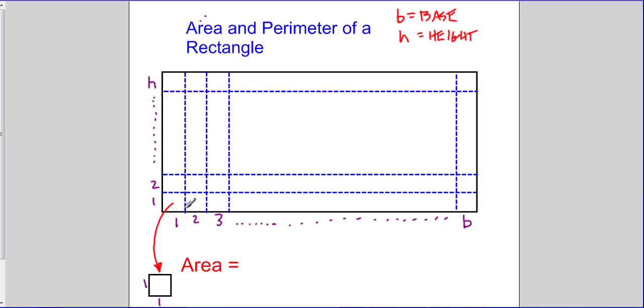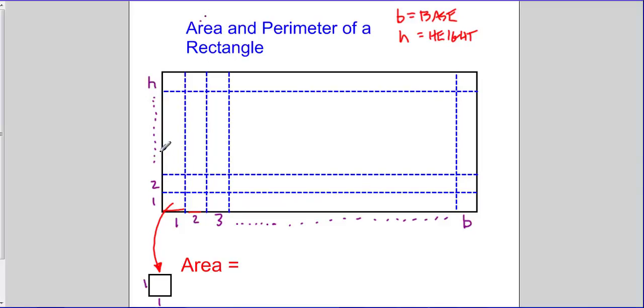So for example, 1, 2, 3 could be any, depending on the size of squares, that'll determine the value of B. So I have 1, 2, 3, etc., up to B units. Each unit is 1 unit on a side. And then the height the same way.